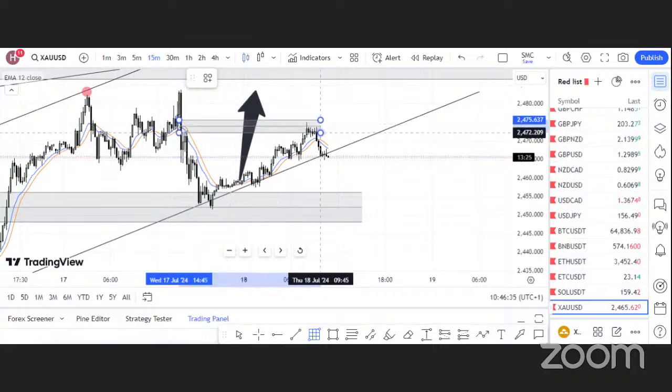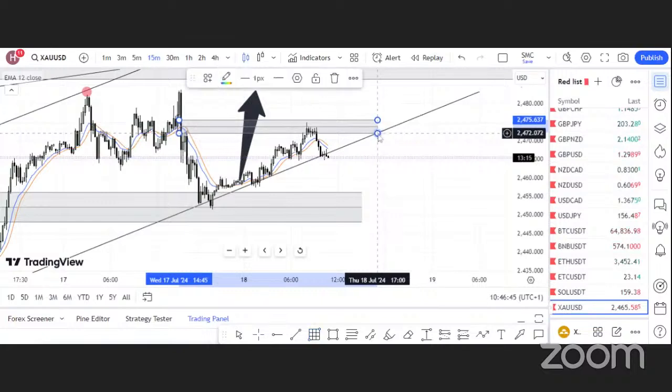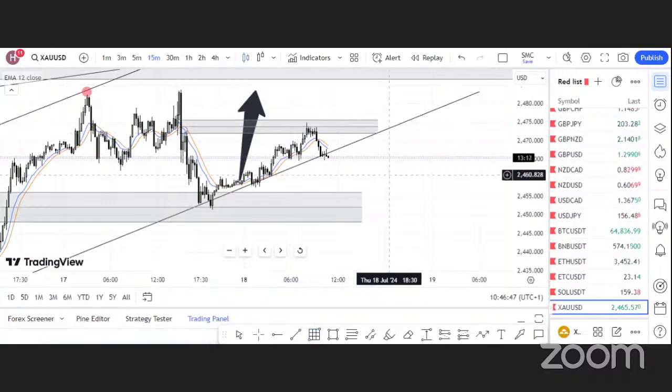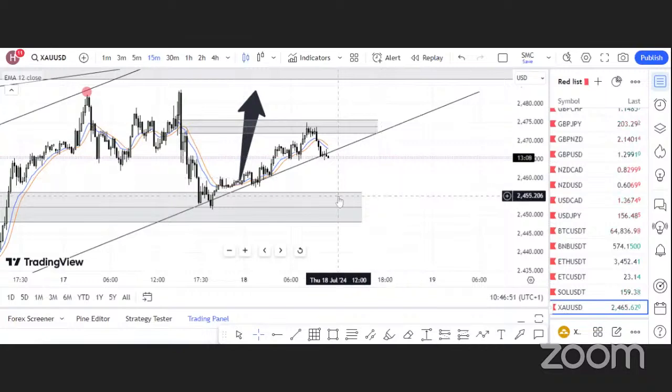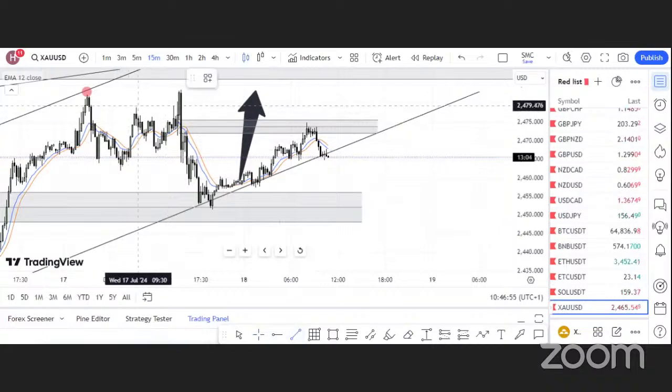Well, yeah, it doesn't matter. I mean, you can't get all the entries in the forex market every time. But you can see what happened here. The market came to this level. The market came here.